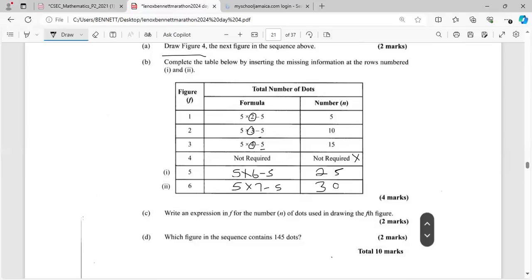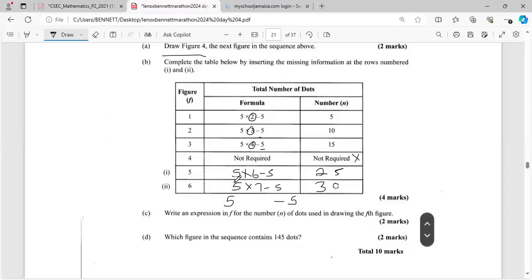So as we're saying, the 5 is constant, right? You have 5 over there, and you have the minus 5. That is constant to all of them.